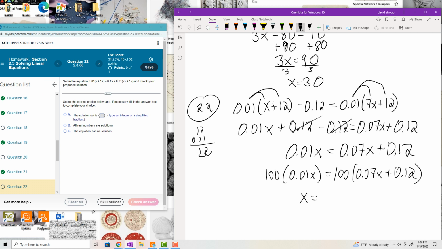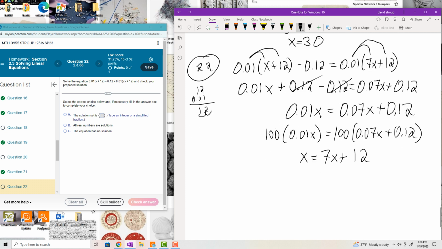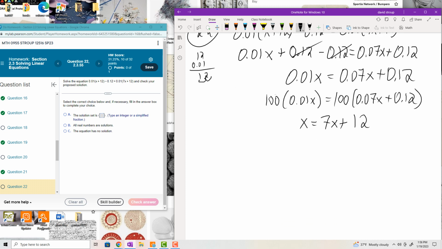On the right side, I'll have 100 times 0.07x, which is 7, and then plus 12. Get all those variables on one side, so I'm going to move the 7x over. End up with minus 6x, 12 over here. And then finally divide by negative 6. So we get x is positive by a negative is negative. 12 by 6 is 2.